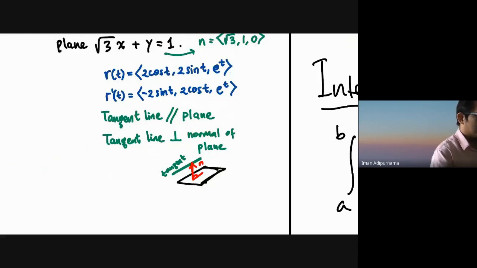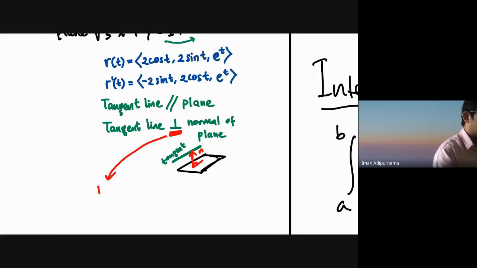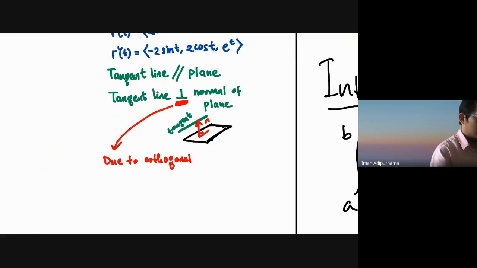Now, due to orthogonal, r prime t dot n should be 0.